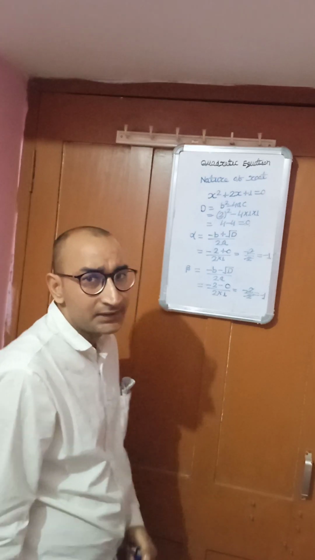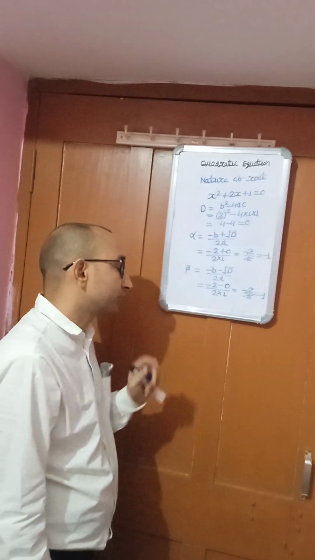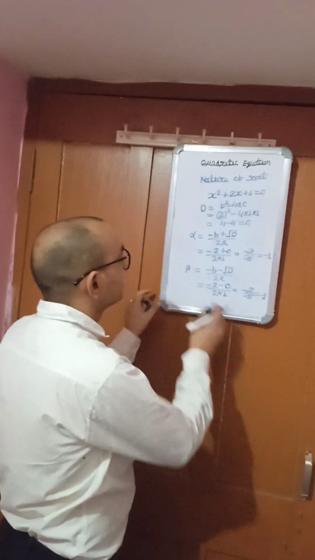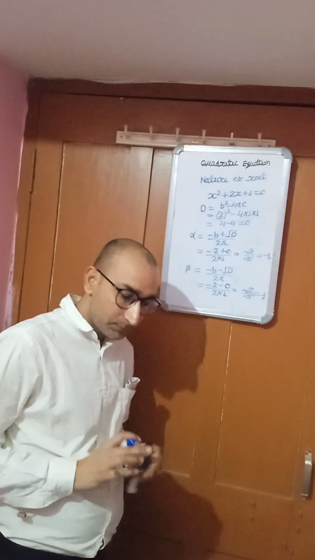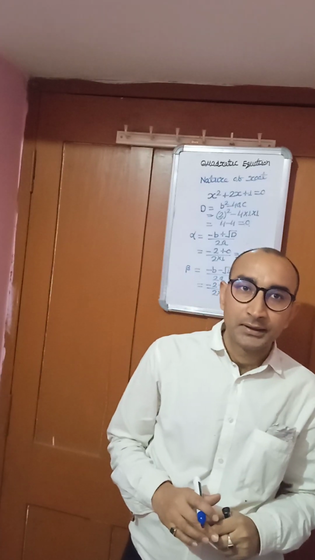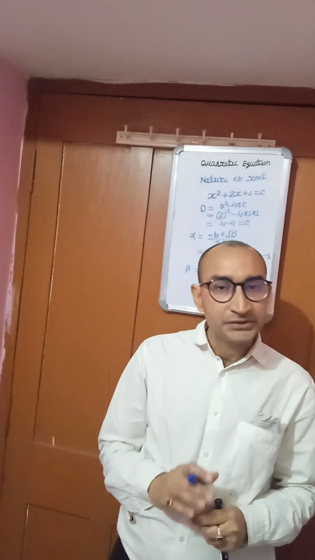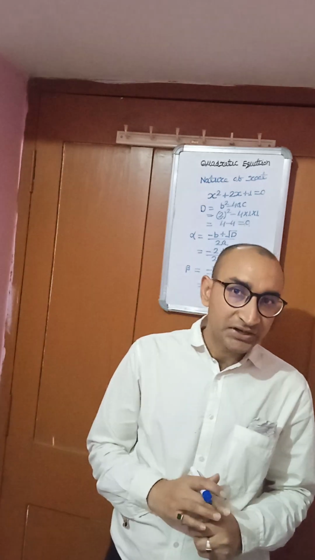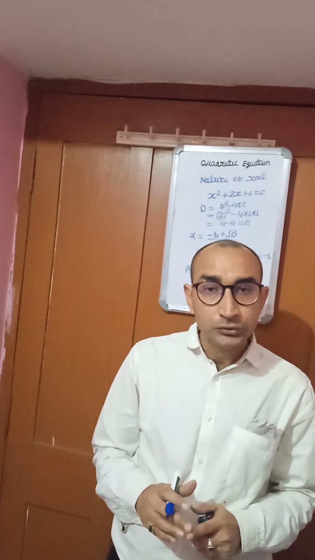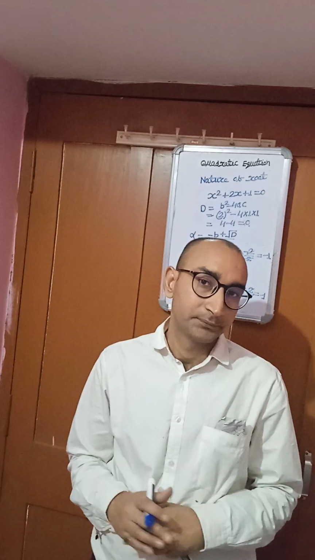And the first condition is that if D greater than 0, then both roots are unequal, distinct roots. So I have explained the nature of roots here: if D is greater than 0, then both roots are unequal or distinct.